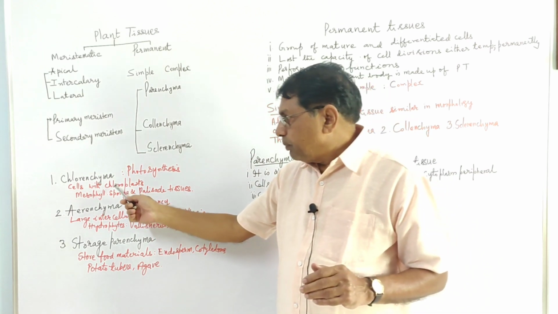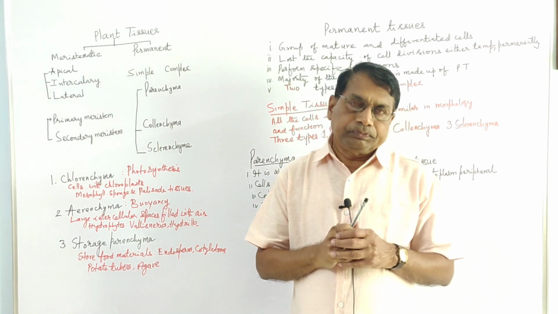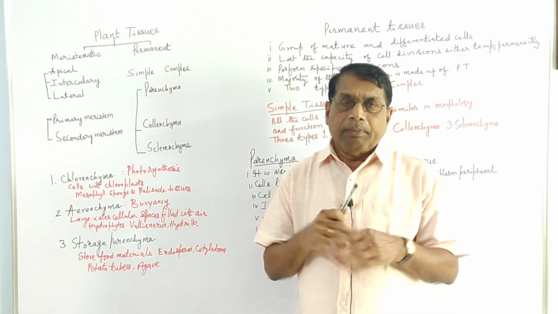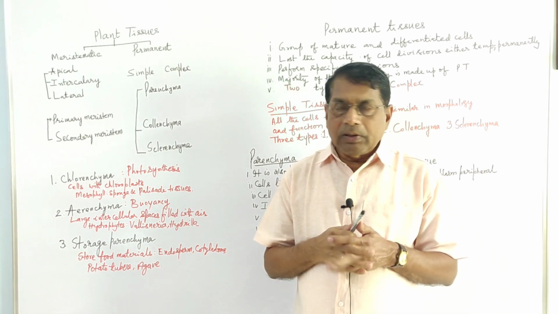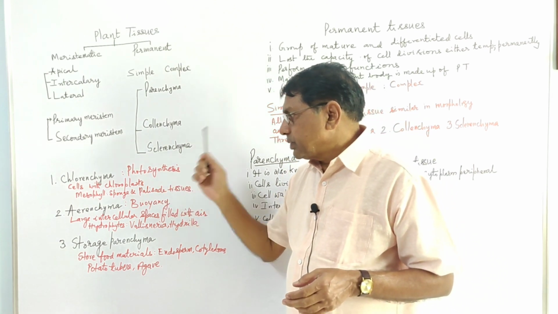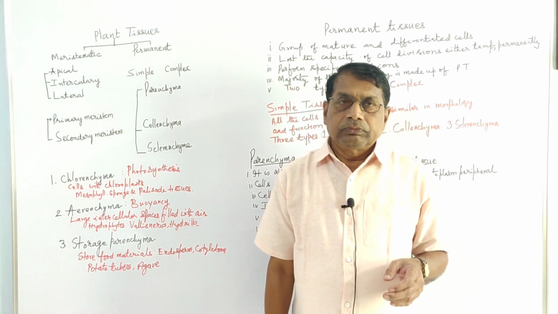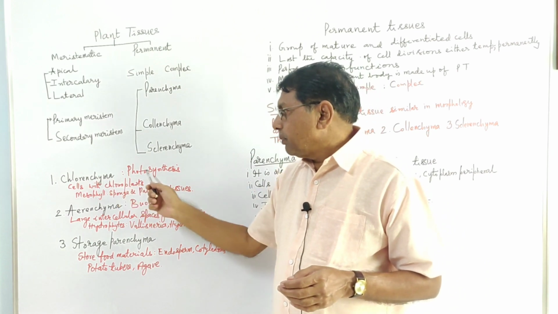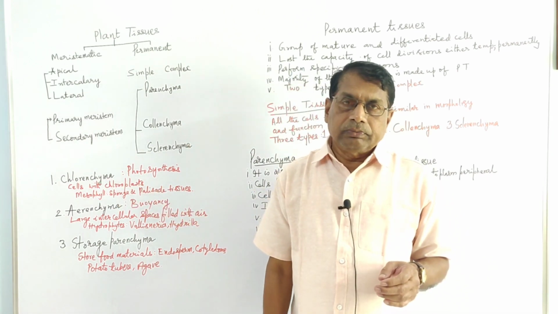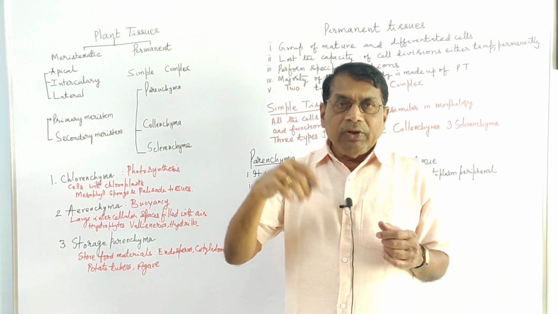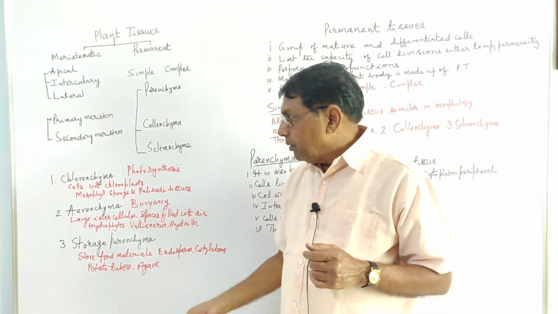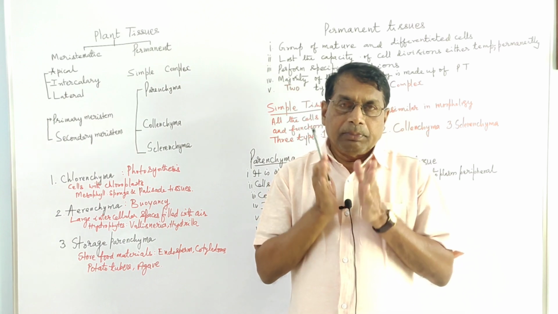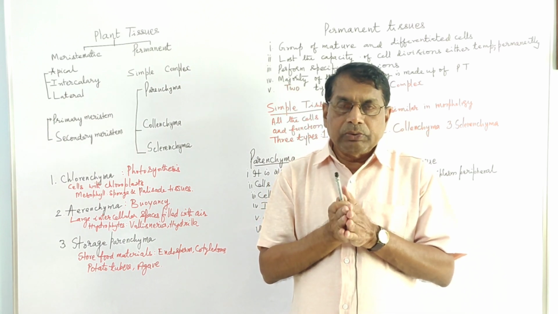Chlorenchyma cells possess chloroplasts. We know the structure of the chloroplast. By having the chlorophyll, they perform photosynthesis. So the main function of chlorenchyma is photosynthesis. Where do we find this chlorenchyma? Mostly in leaves, in palisade tissue and mesophyll tissue.